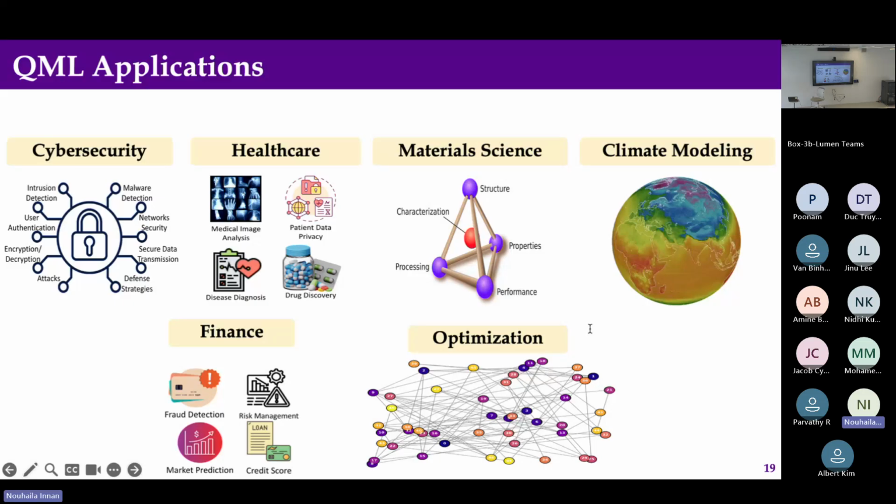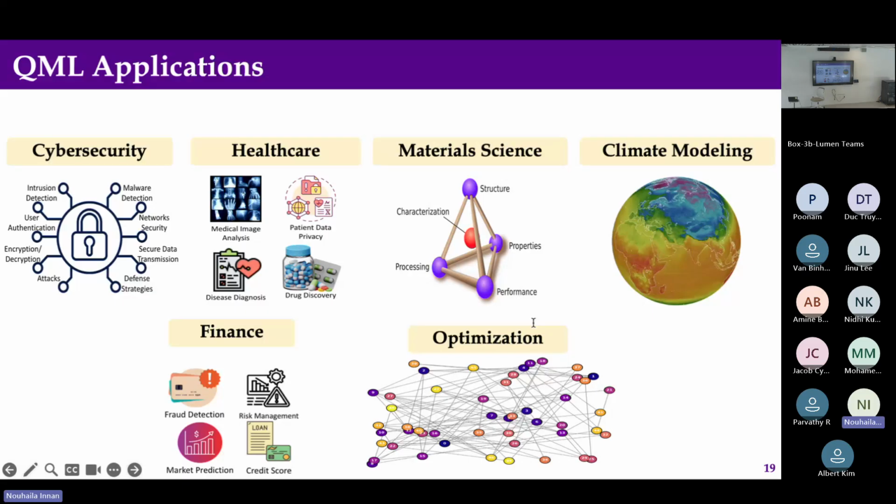As an example, it can help simulate how new materials behave under stress or temperature variation, which is key for designing better materials. We also have climate modeling. It can help handle the data sets and highly nonlinear systems, especially if we are talking about Navier-Stokes equations and different systems.